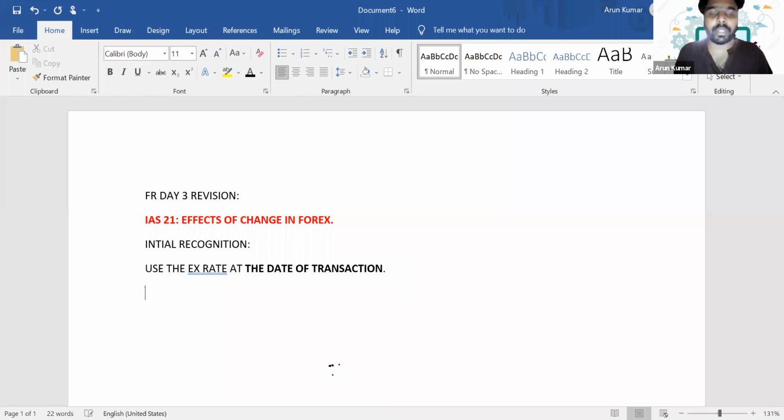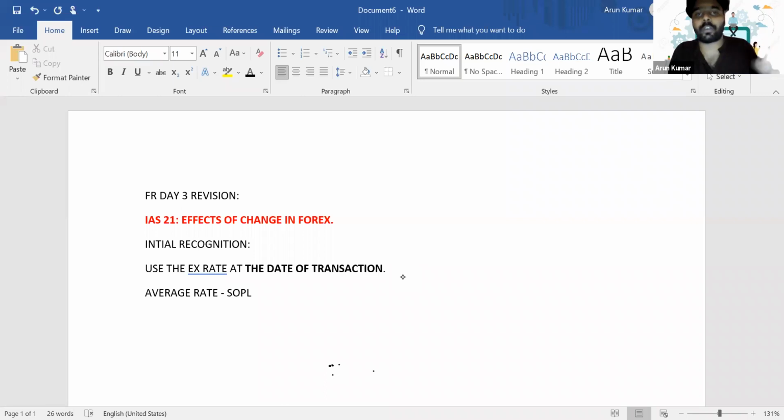And sometimes we can use the average rate as well, especially for converting items related to SOPL, such as depreciation and impairment, because these are items for a period of time, right? An expense is for the period, or income is for the period, right?